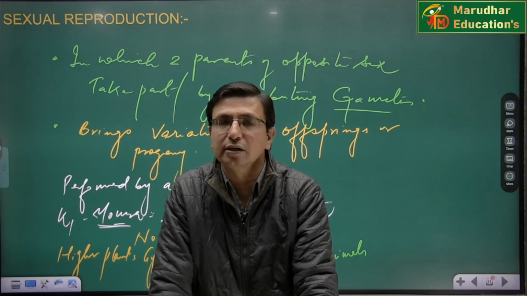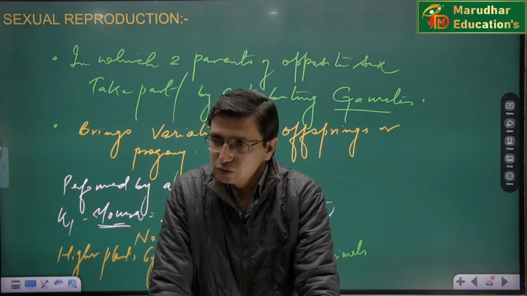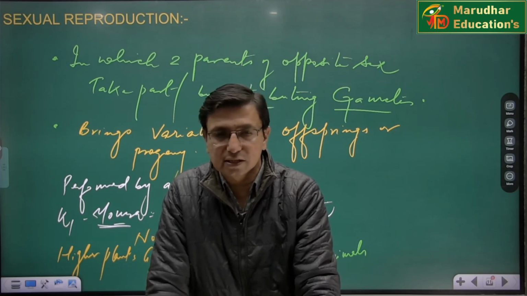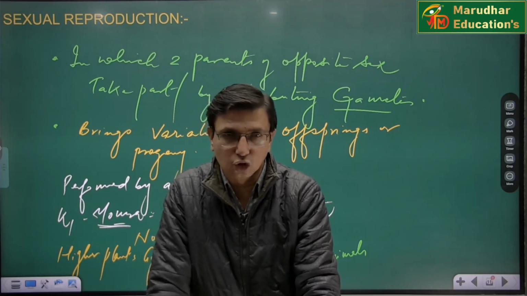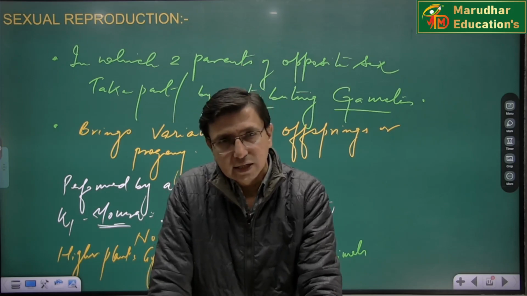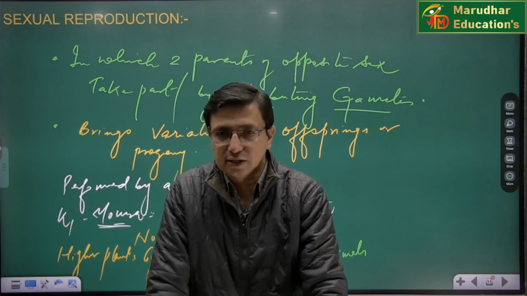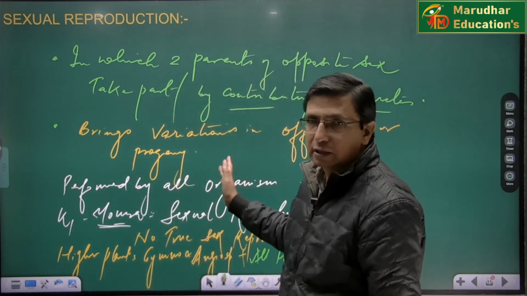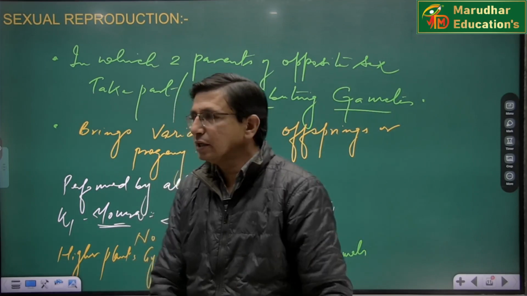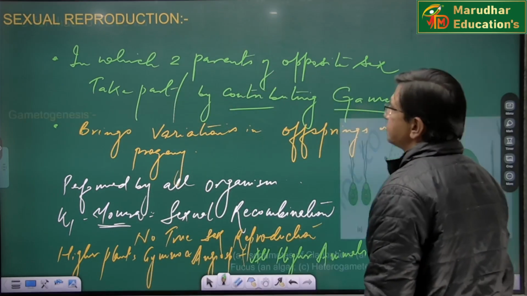Sexual reproduction, right? So this discrimination should be there in your mind: which organisms reproduce by both sexual and asexual methods, and which reproduce only by sexual method. So I hope you have a clear idea about sexual and asexual reproduction.